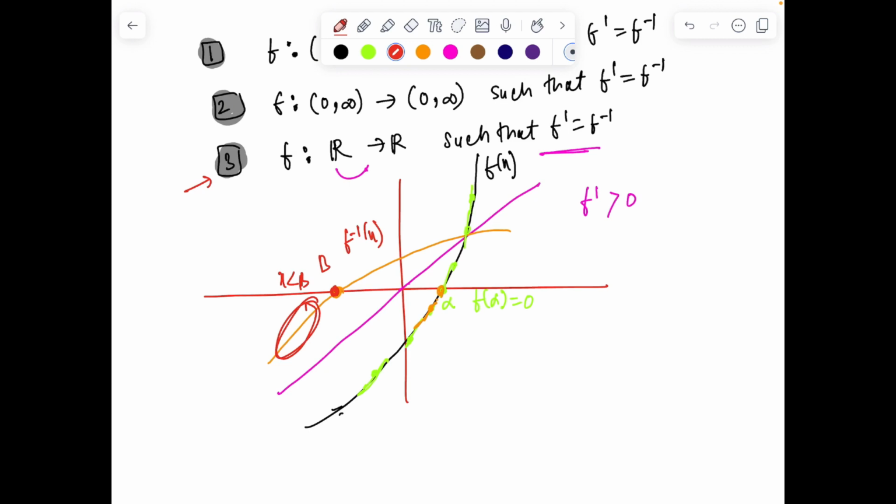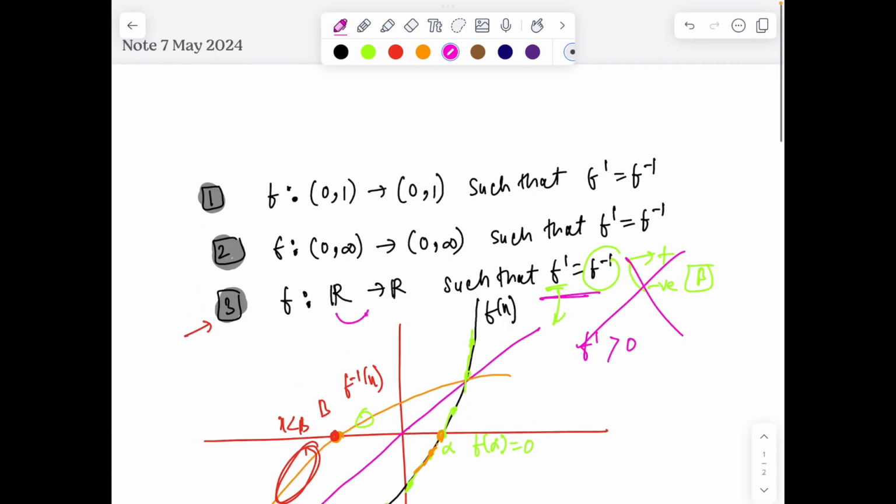Any value of x more than beta will give f inverse x as positive. It means f inverse is positive and negative depending upon whether x is more than beta or less than beta. But f dash is monotonic, so it's always positive, right? So this definitely cannot occur. So the answer is there is no such function in the third case.